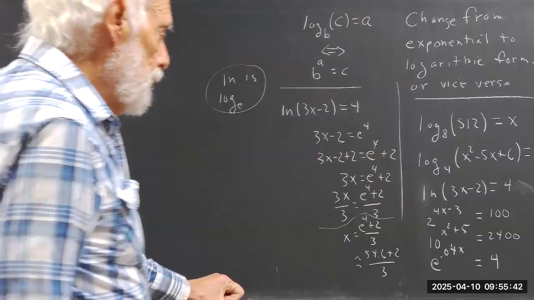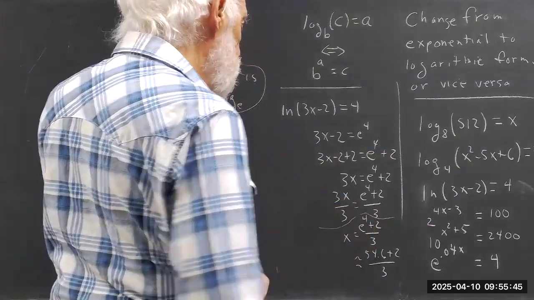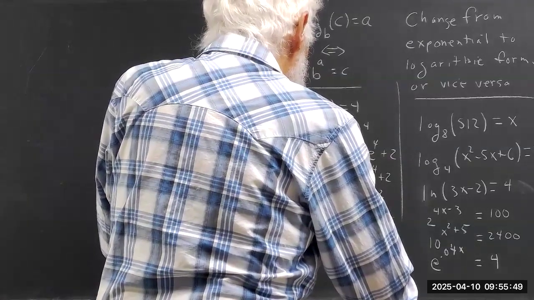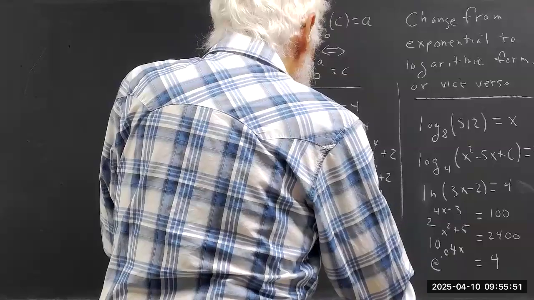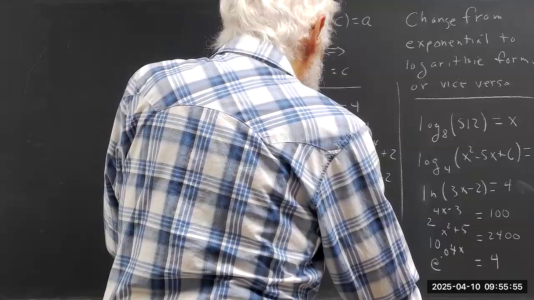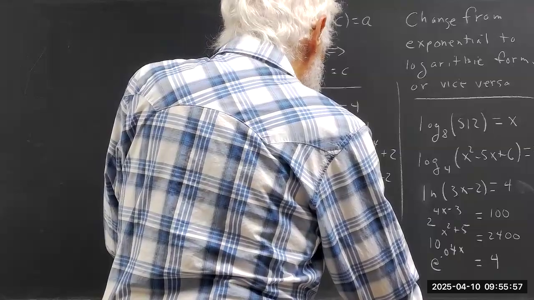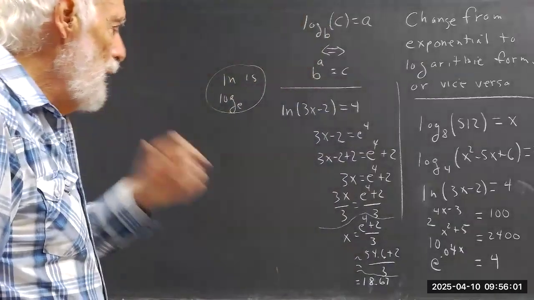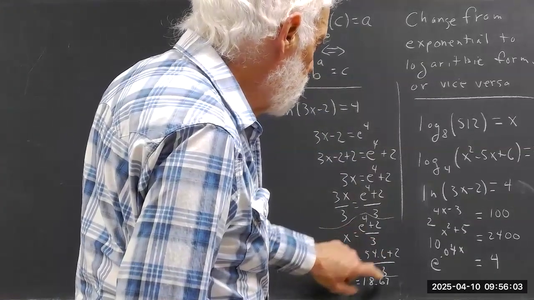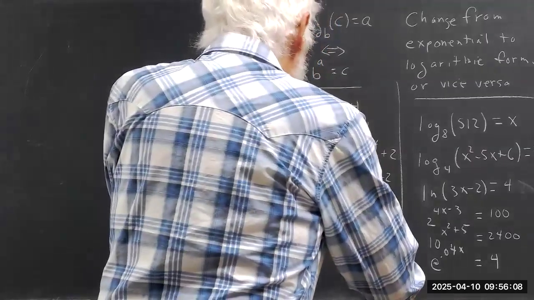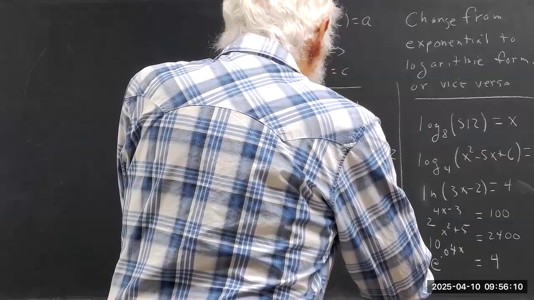Okay. And that's going to be 56.6 over 3, which is going to be like 18.67. Of course, since we only have 3 significant figures here, we call that 18.7.